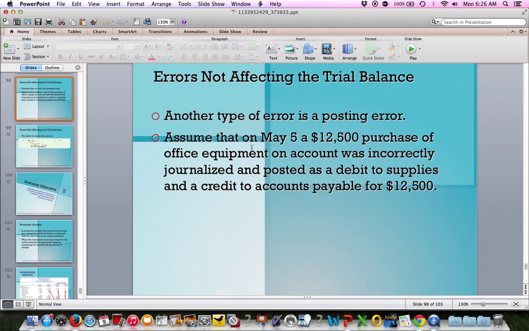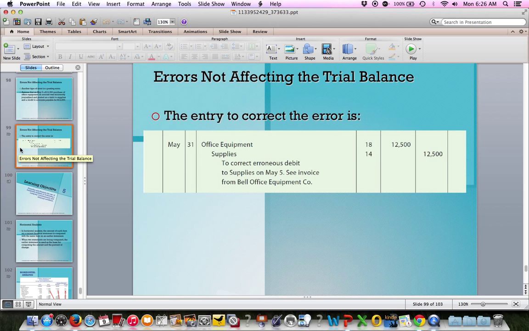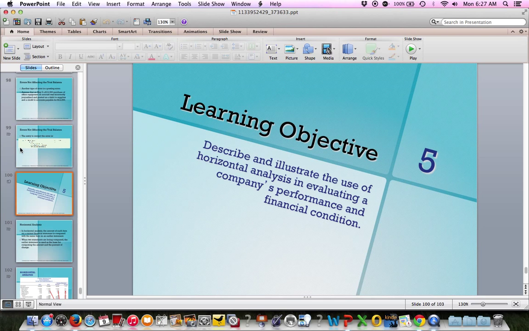So the journal was right. It's just that when we went to post it, we posted to the wrong account. Of course if I realize that, I can make an entry to fix it, and I can credit supplies and take the money out of supplies and debit equipment and move it to equipment. So it's not unusual at all.